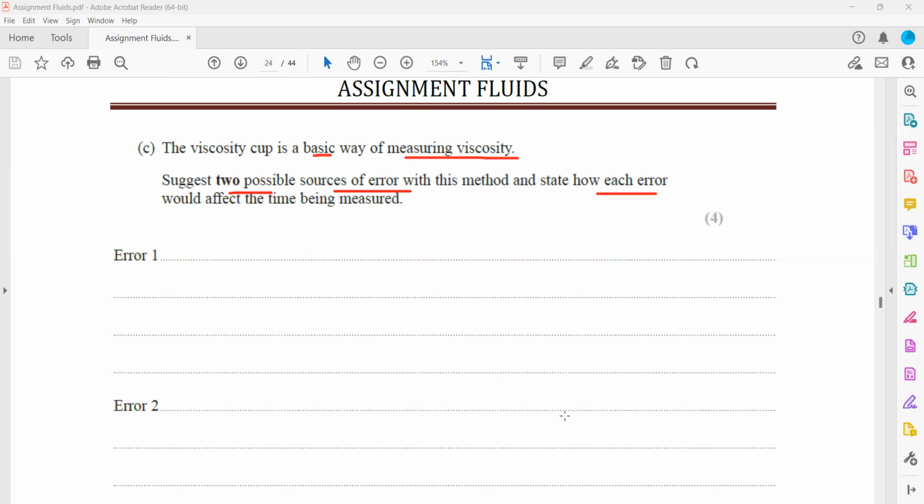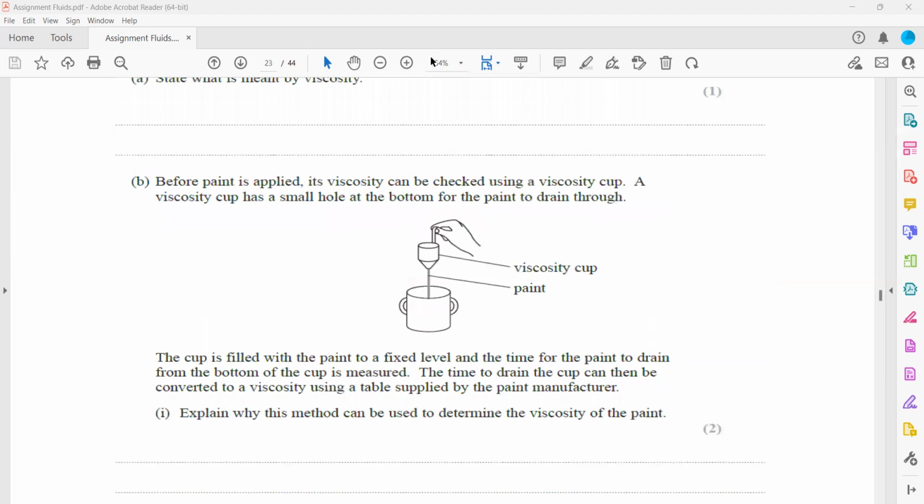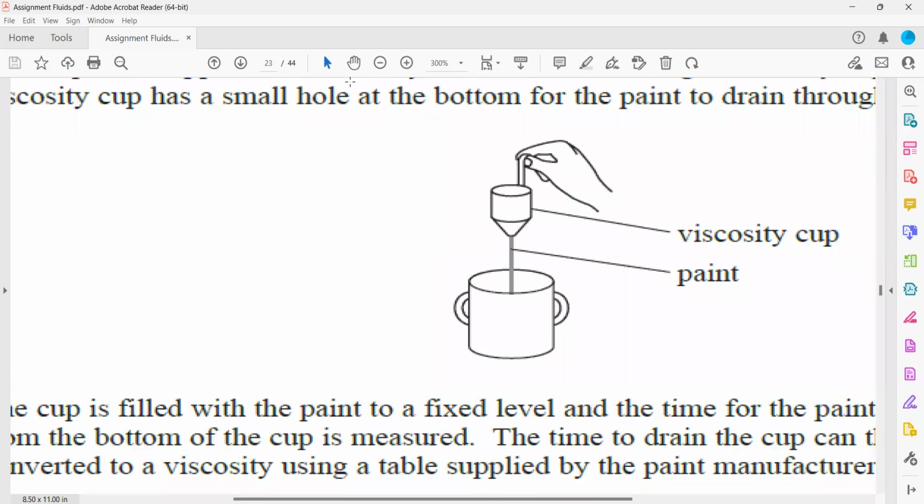And the second, we assume that the rate of flow of the fluid coming out from the viscosity cup is constant. But in practice, it won't be constant. Why? Because in the beginning, you fill this cup fully with the paint, so there is more depth of liquid. The pressure exerted by the liquid depends on its density, gravity, and depth.